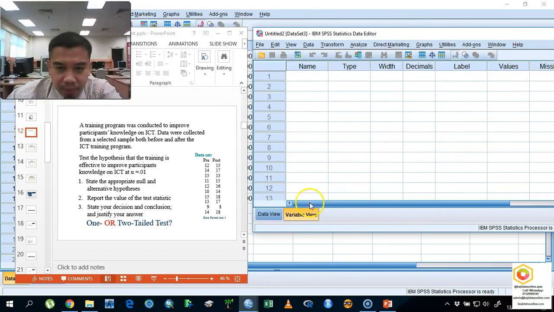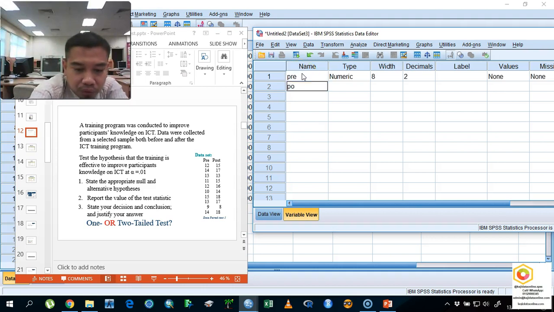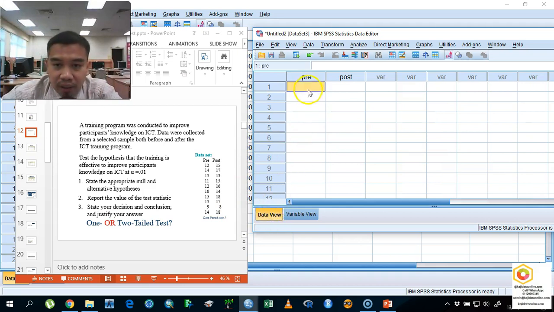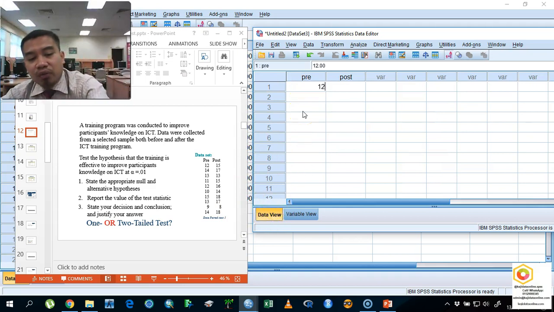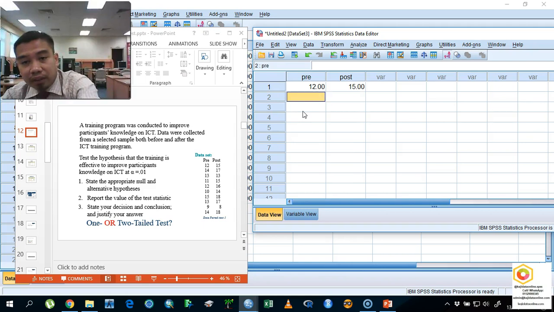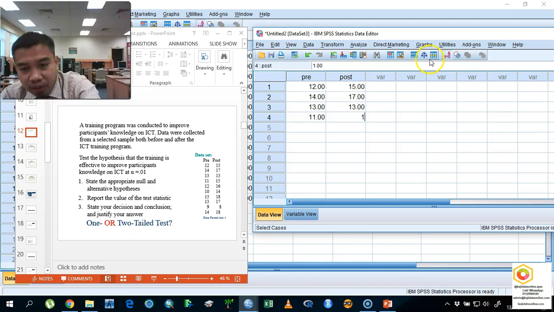After that, you go to the variable view, you type here pre, you type here post. Okay, follow or not follow? Okay, after that, you put the data lah: 12, 15. Okay, after that, you put the data here: 14, 17. Okay, the next one is 13, 13. After that is what? 11, 15.